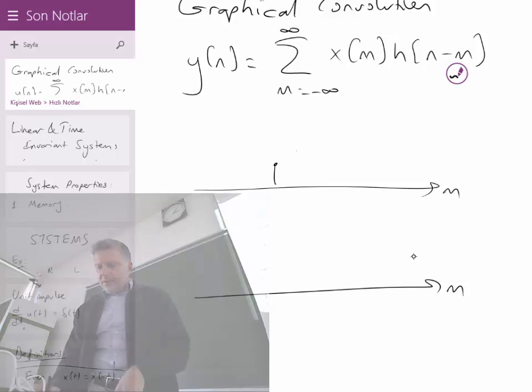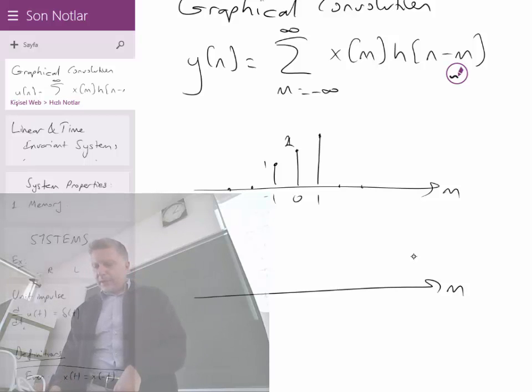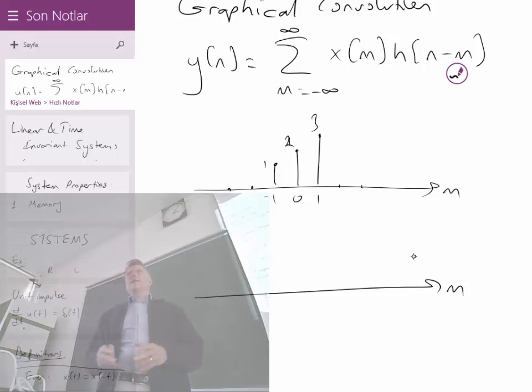Let's draw an example, x of m. At m equal to minus 1, x of minus 1 is, let's say, 1. x of 0 is 2, x of 1 is 3 on the axis of m.